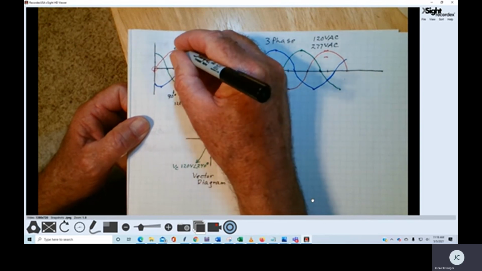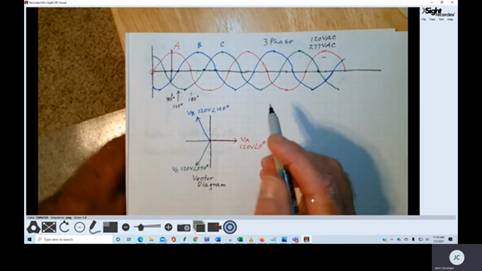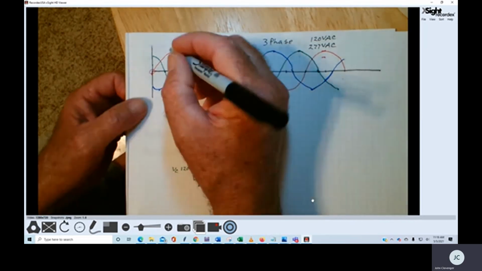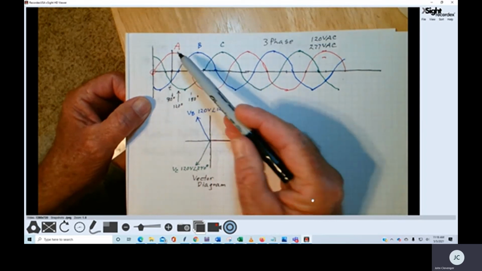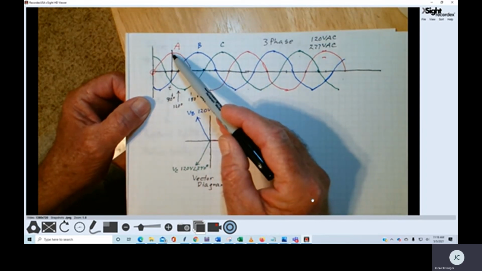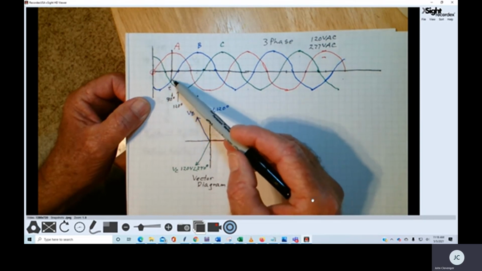Now, if we look at voltage A, voltage B, and voltage C at this particular point in time, understand that VA at this instant, the voltage of phase A, is at its positive maximum. The voltage of phase B and phase C are both negative.